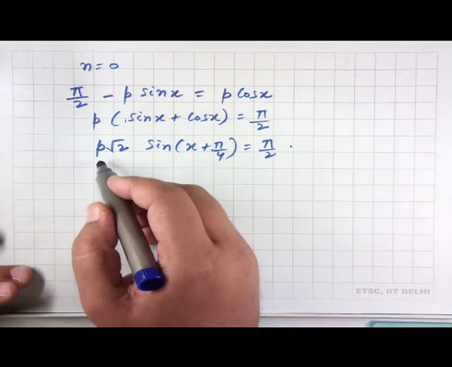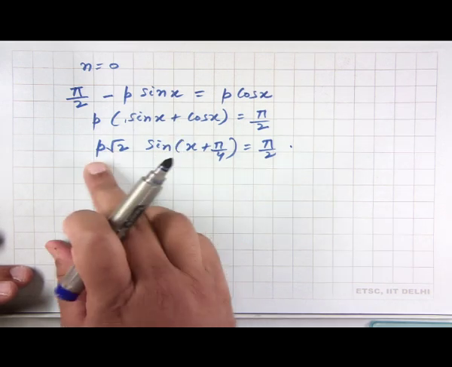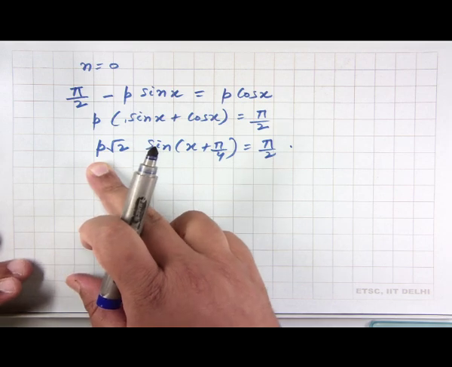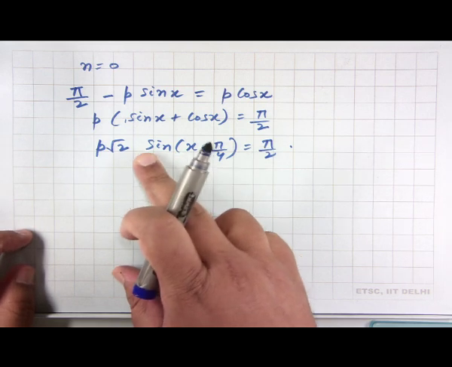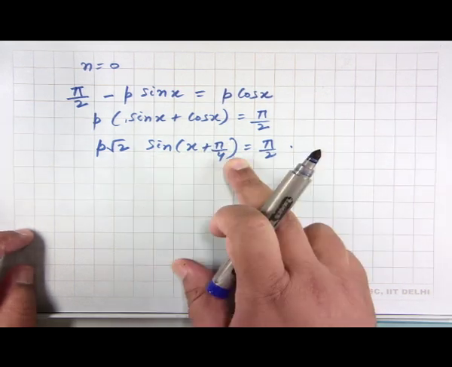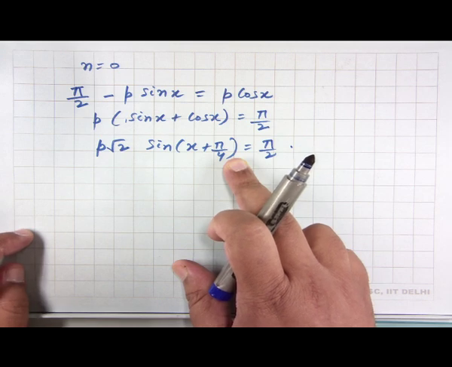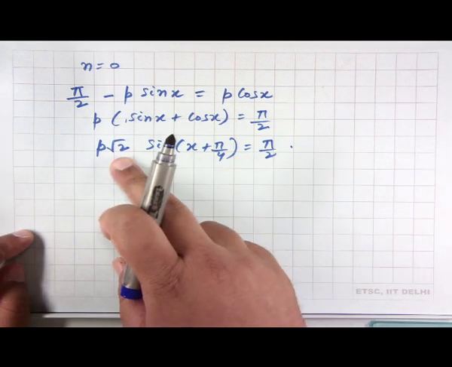Now, in the question, it is asked to find the smallest positive number p, but for p to be positive, we have to choose x such that sin of (x plus pi by 4) is also positive, because pi by 2 is positive and root 2 is positive.